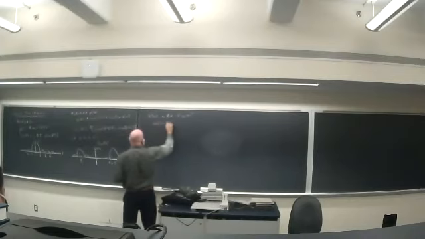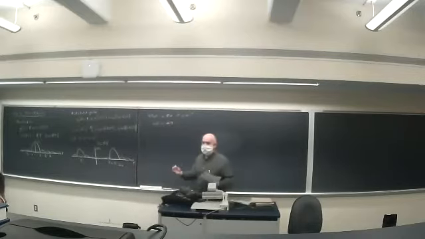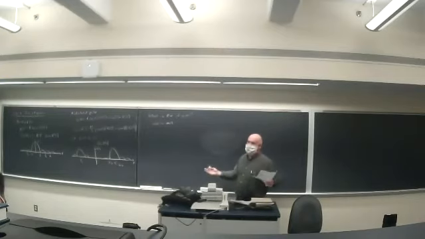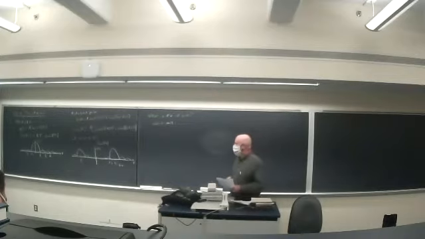Null to null. That's what it's called. 0 to 0. Null is another term for 0. Engineers, we've got to have our own code for everything, right? To exclude outsiders. So instead of saying 0 to 0, we say null to null bandwidth. That's the convention.